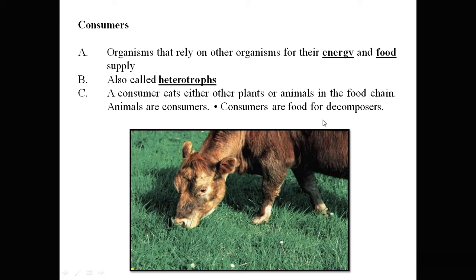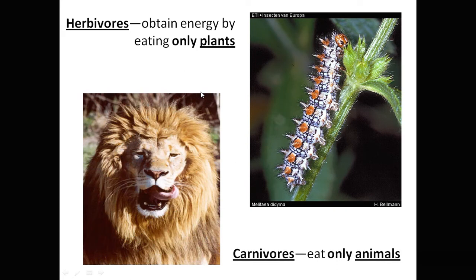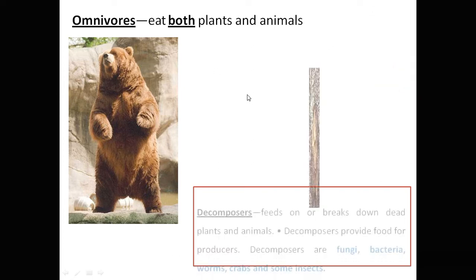And remember this thing, that consumers are the food for the decomposers. Consumers are further classified as herbivores, who eat only plants. They are strictly vegetarian. And carnivores, they eat only animals. There are a few organisms who can eat both plants as well as animals. They are called omnivores. Even human being is the best example of omnivore.